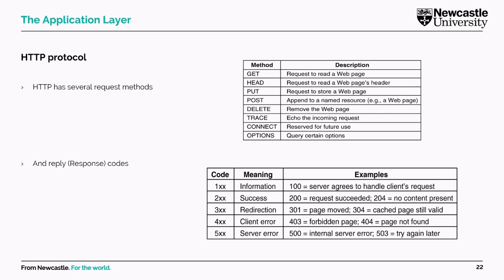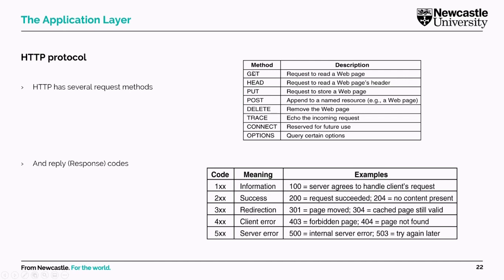So we talked about how we can make different HTTP requests. There's a number of HTTP requests you can make, shown in the table at the top. The most common of which is HTTP GET, and as a user of the web, that's the request you will most commonly make when you're using your browser. If you're a web developer developing web applications, you might come across other methods as well.